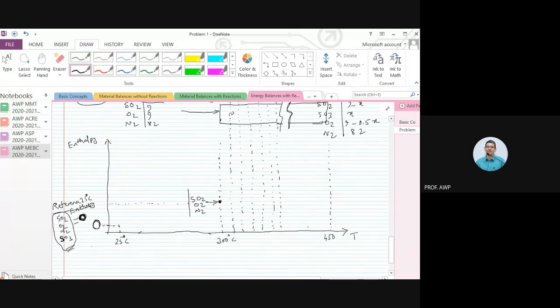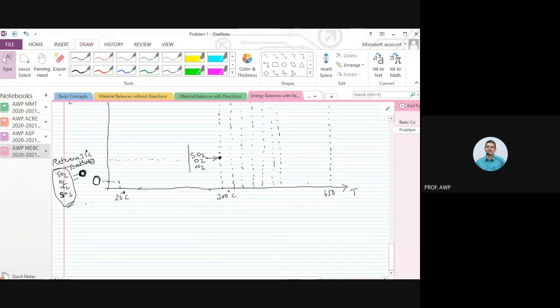Okay. So in this first piece, if I take SO2, oxygen, nitrogen at entry, 9, 9, 82, these are all gram moles we are writing. After first piece, what would I be left with?